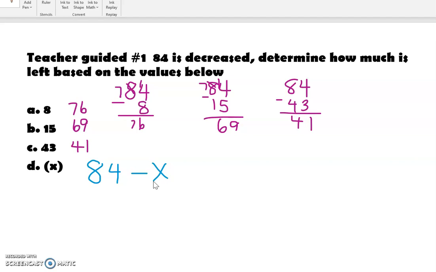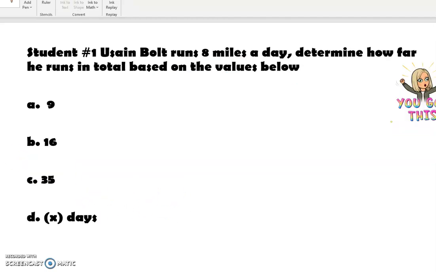As you work through more examples, you want to, again, continue to find keywords or phrases to help you with that. And we're using, again, the actual values to get ourselves to being able to write the equation. Let's go over one more example.